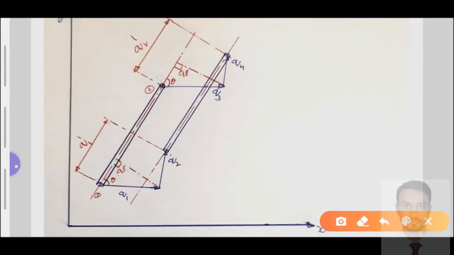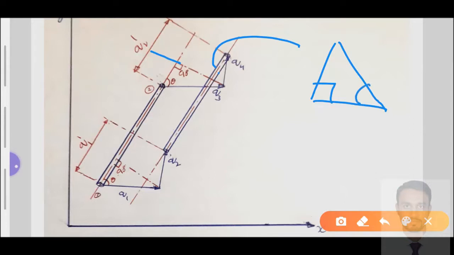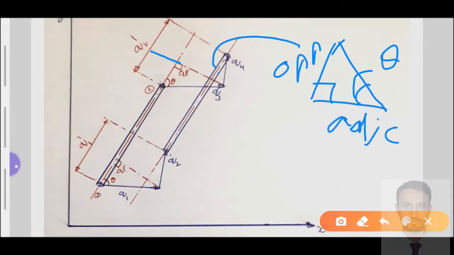Now I'll consider this triangle. This triangle is parallel to this one, as I have stated. I'll take the triangle here. This is 90 degrees, theta, this is the opposite side, this is the adjacent side. We have this hypotenuse side, q4 is the hypotenuse.